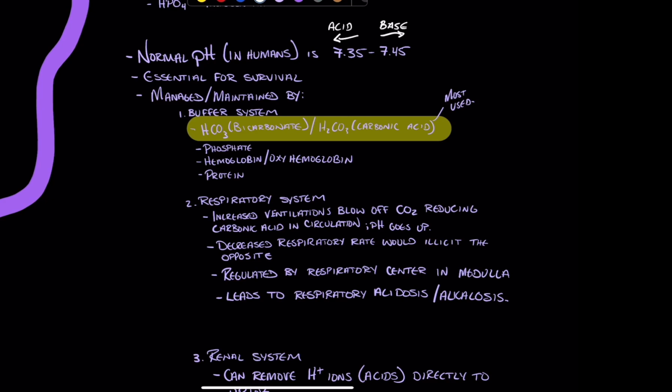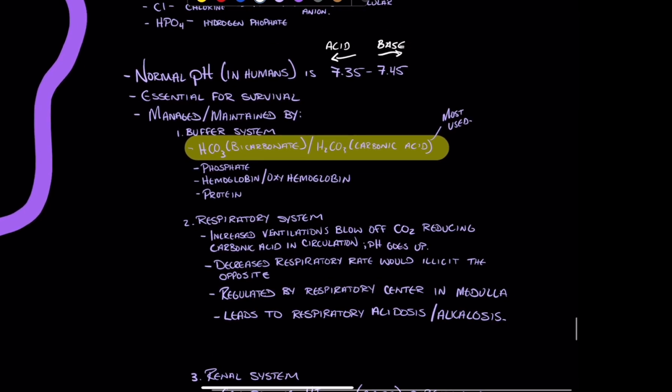Having our pH in this range is essential for survival. A lot of our enzymes, proteins, cellular functions, and metabolic pathways all rely on being in that range of pH.